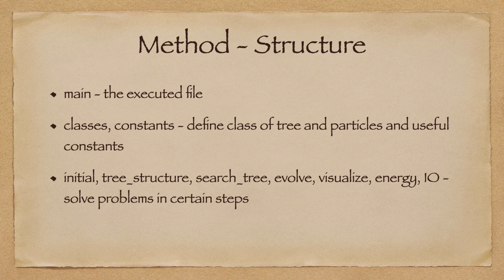The classes file will define the classes of the tree and particles, and the constant file will have some useful constants such as the AU in units of centimeters. And the initial file, tree structure, search tree, evolve, visualize, energy, and IO files are used for solving some problems in certain steps.